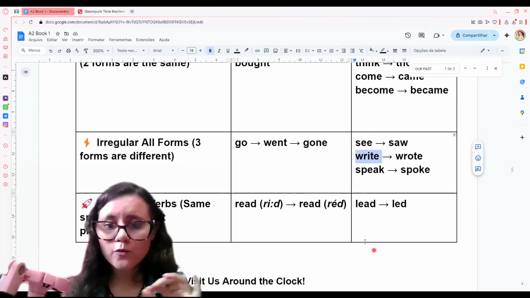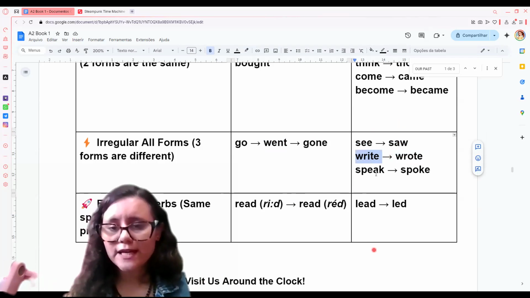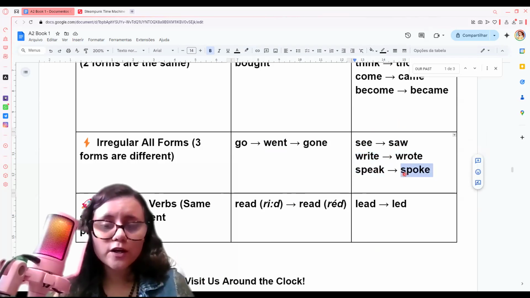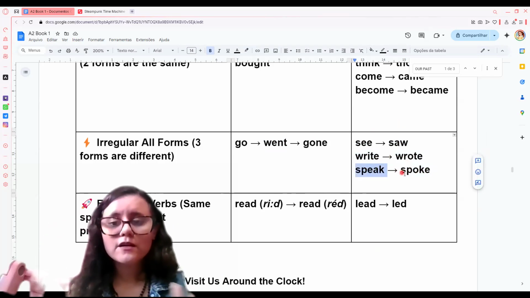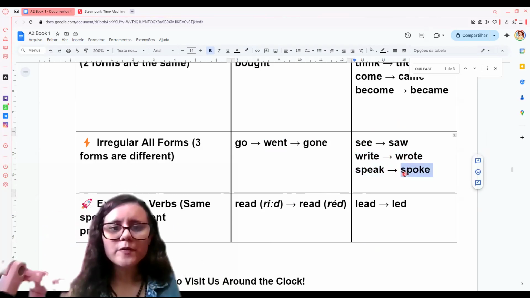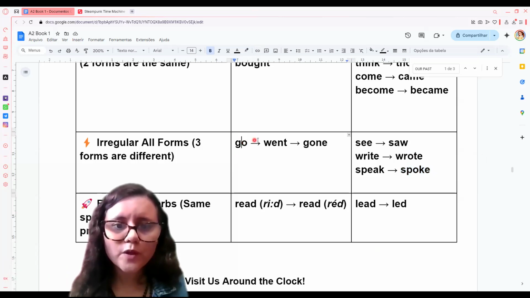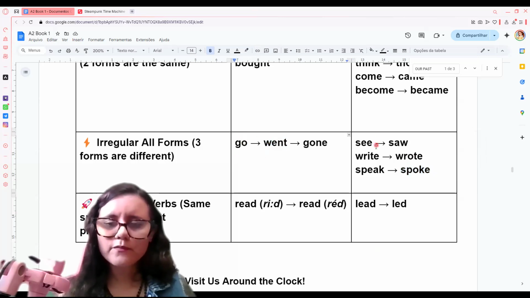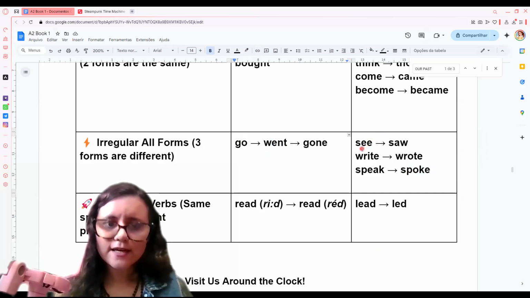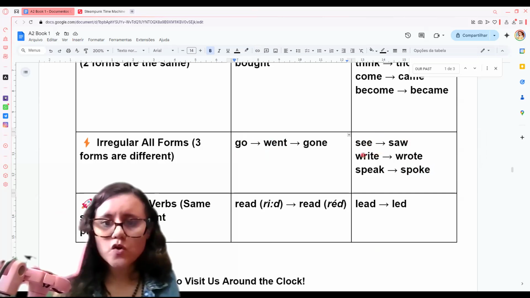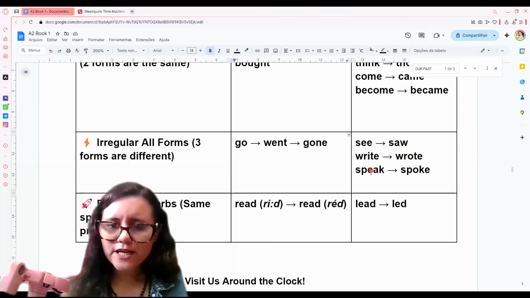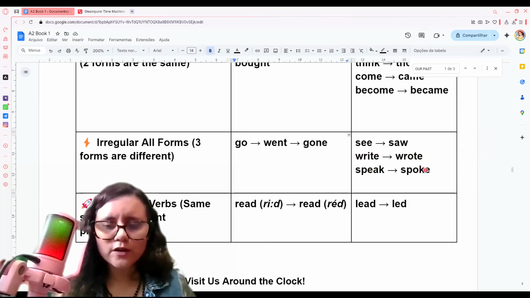Speak, spoke. Let's repeat one more time. Go, went. See, saw. Write, wrote. Speak, spoke.